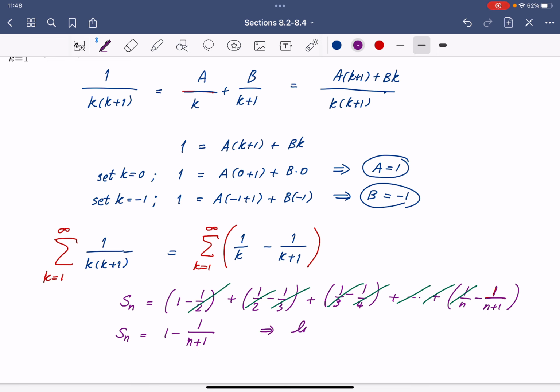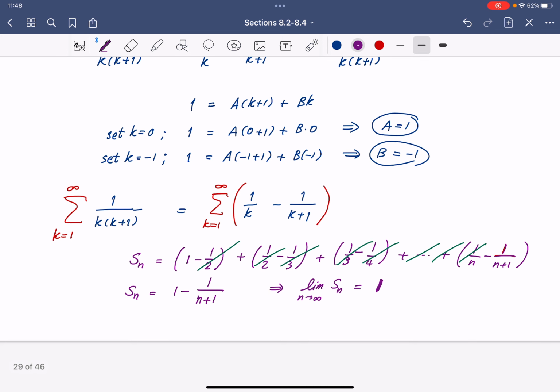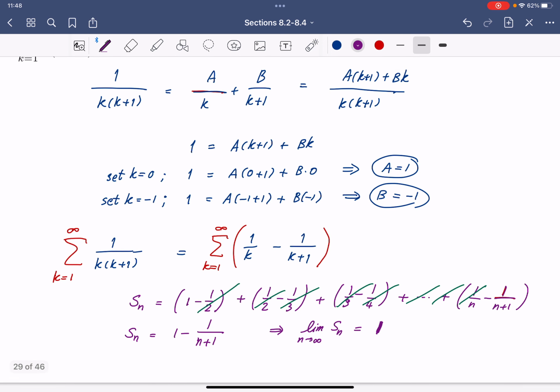And if you compute the limit of Sn, it's going to be 1, because you take n going to infinity, so it is 1 minus 0, which is 1, which means the series is convergent.